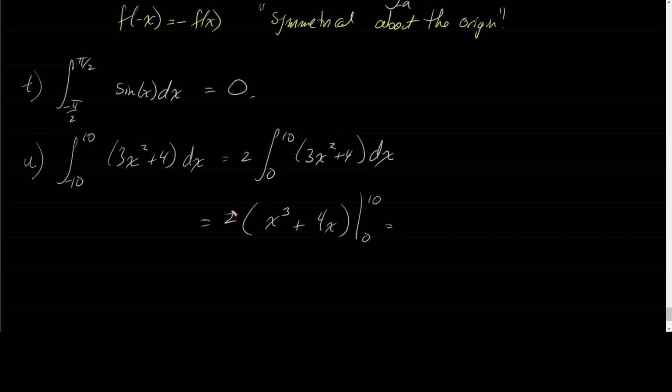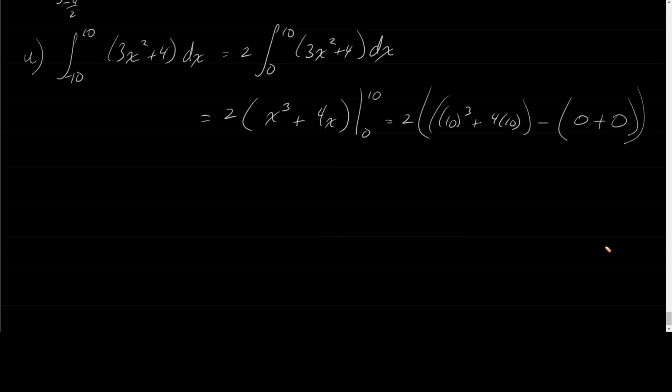So what happens? Well, this 2 I'm going to put on the outside. Plug in the 10. 10 cubed plus 4 times 10. And then that minus plug in the bottom. So 0 cubed, so that's 0, plus 4 times 0. Alright, so this piece goes away. Cool. And what do we have?